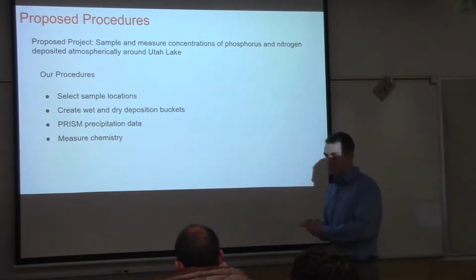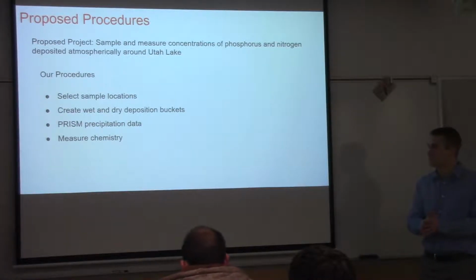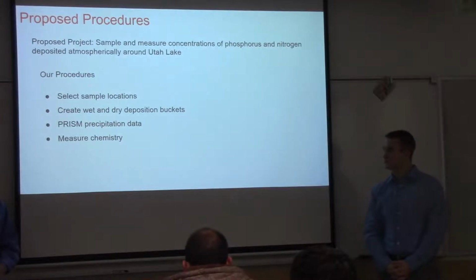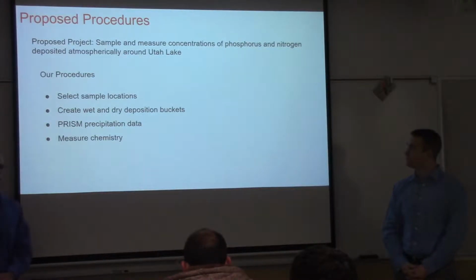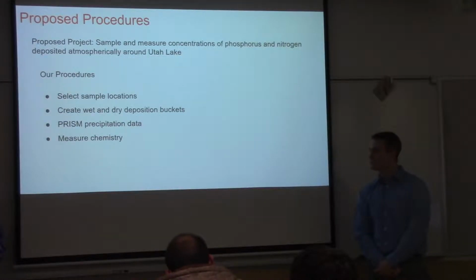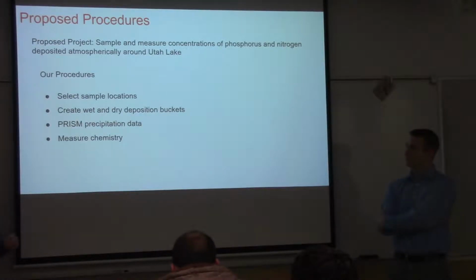So with our procedures, we would use 4 different sample locations, which we'll show a little bit later in the presentation. In those sample locations, we would have a wet and dry bucket collector that would collect atmospheric deposition both when it's raining and snowing and during heavy or dense fog, high water in the atmosphere.